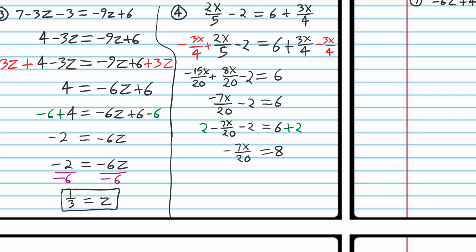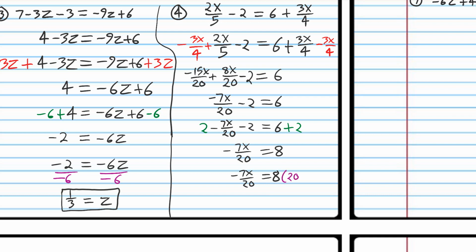And it's very important that you keep that negative with this 7x over 20. And now we're going to rewrite that equation. Again, you need to keep rewriting all this stuff. I know it's tedious, but you have to do it to show your work.